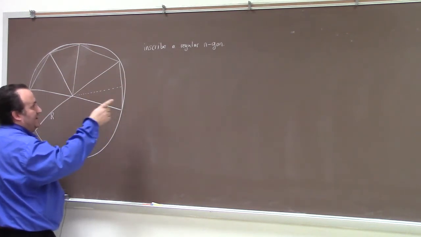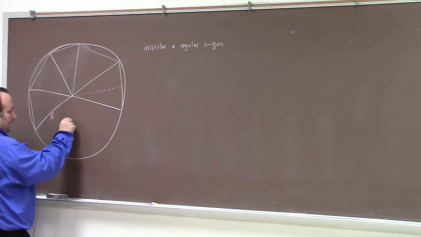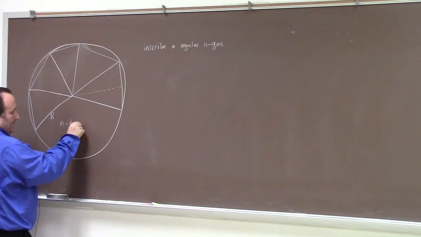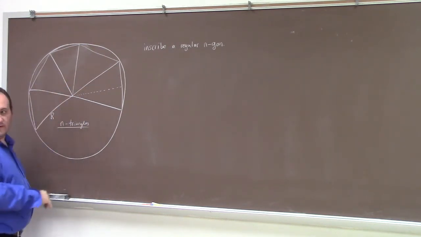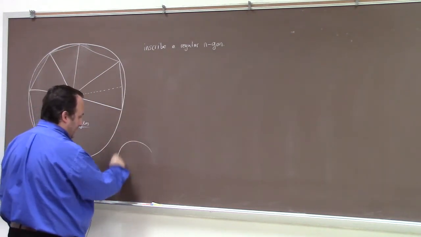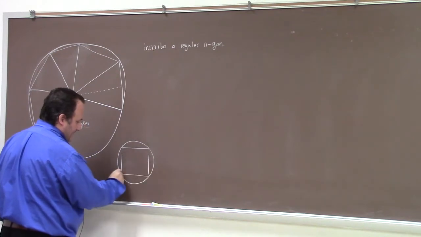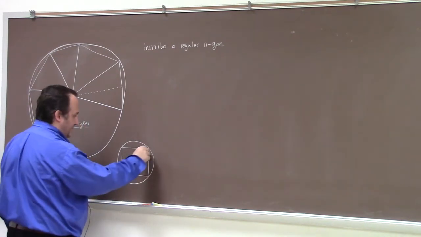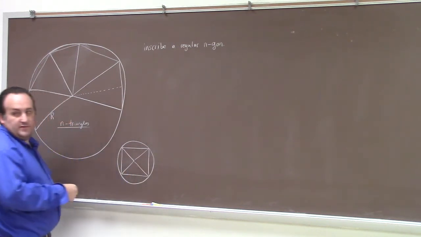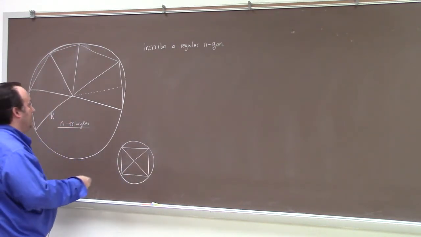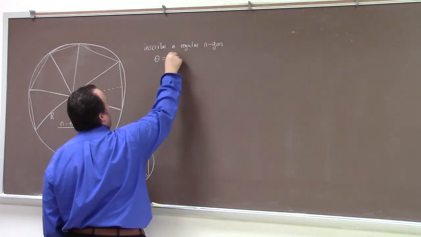So if we have n, there'd be n triangles, right? As you keep going, for example, if I just look at the case of a square, say a four-gon, there's 1, 2, 3, 4 triangles, and the angle inside each would be 2 pi over n.